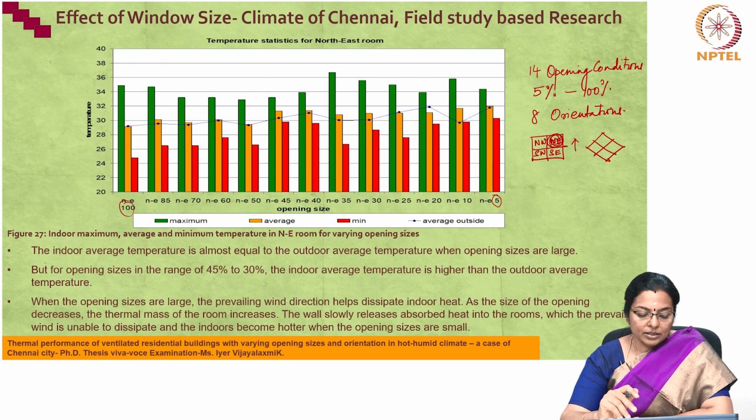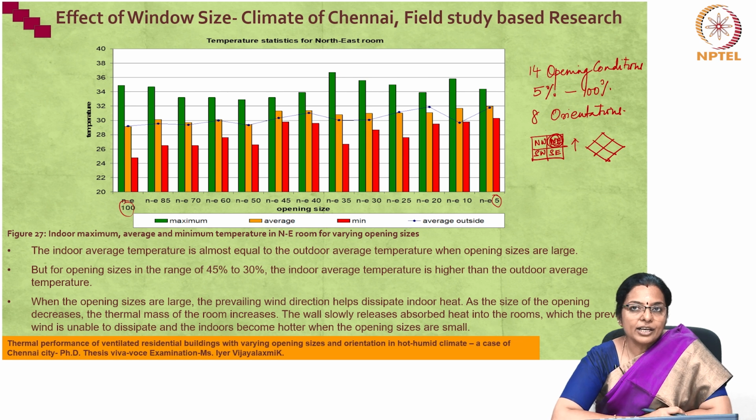It is found that the indoor average temperature is almost equal to the outdoor average temperature when opening sizes are very large. But for opening sizes in the range of 45% to 30%, the indoor average temperature is higher than the outdoor average temperature.